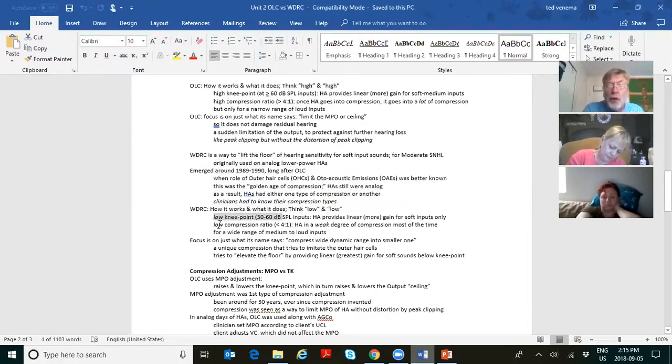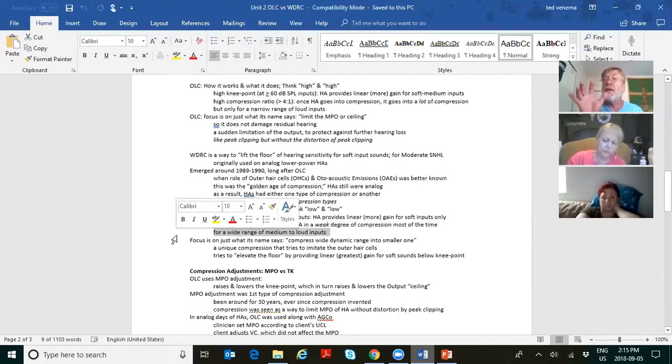It uses a low compression ratio, less than 4:1. In other words, it's in a weak degree of compression most of the time. The hearing aid is in compression for a wide range of medium to loud inputs, albeit a weak degree of compression, whereas output limiting compression is in a strong degree of compression, but only for loud inputs.